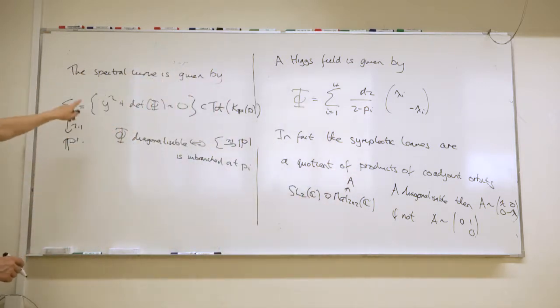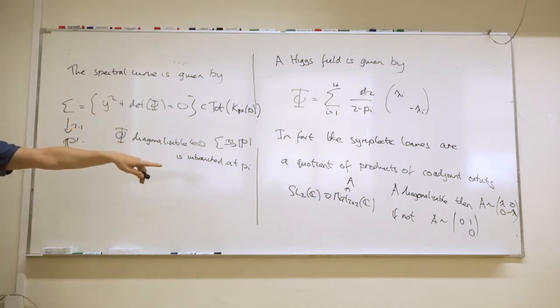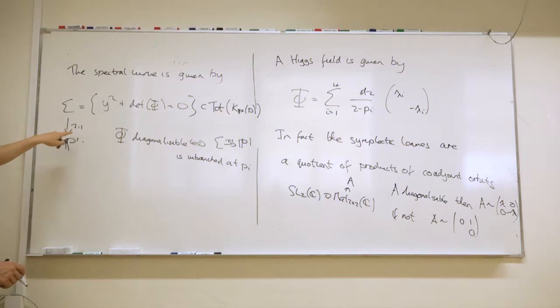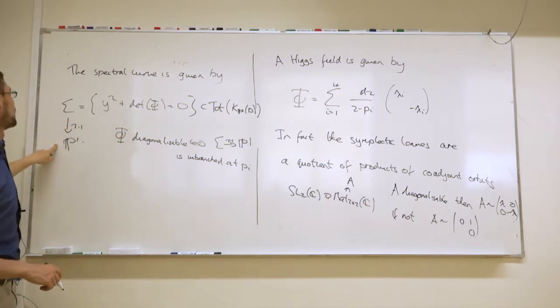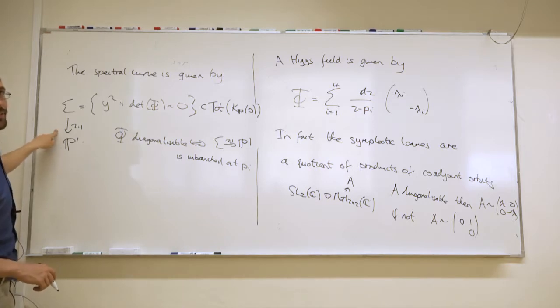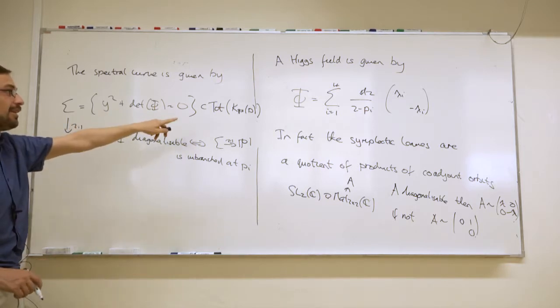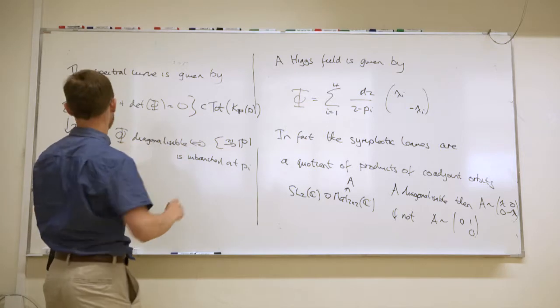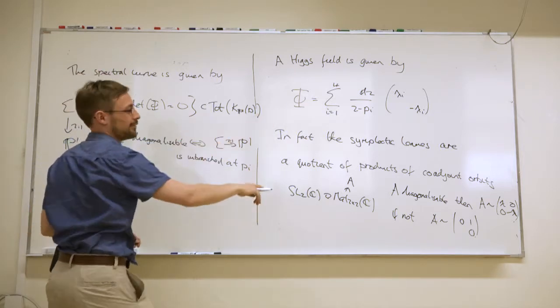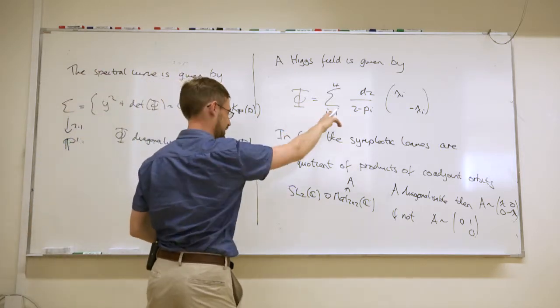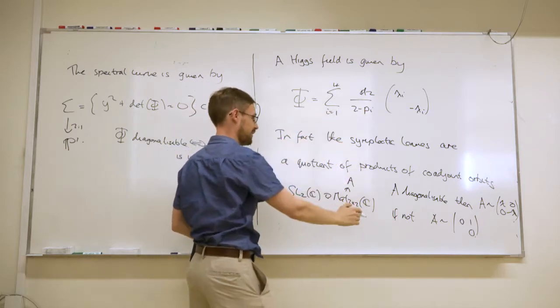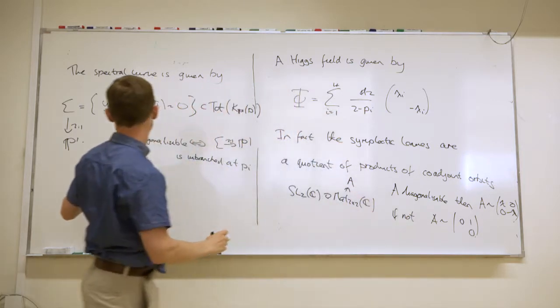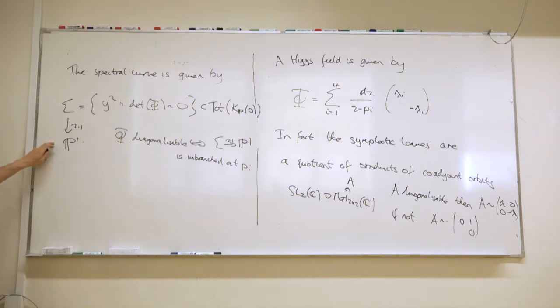So choosing this sort of nilpotent form for your Higgs field is to say that if at a point the leading principal part of your Higgs field is nilpotent, then this cover is really branched over that point.